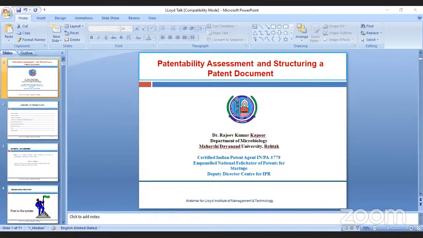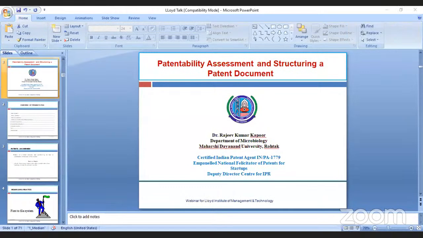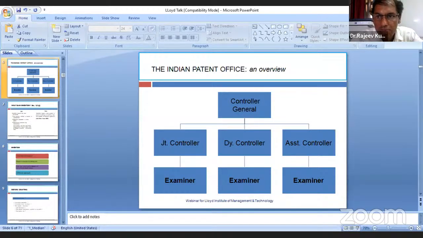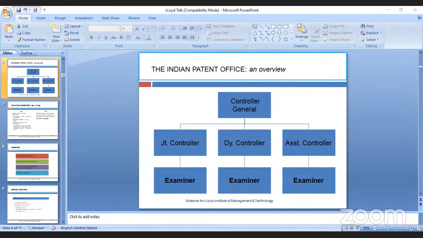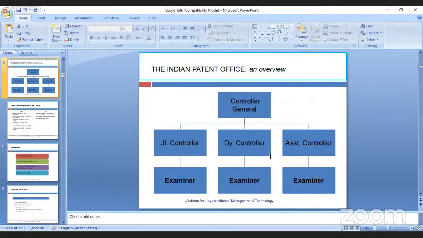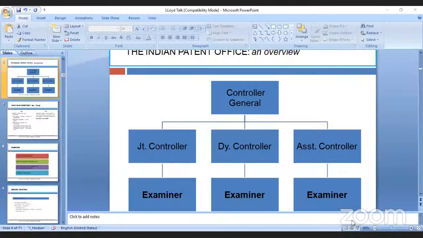Sorry to interrupt, sir, could you maximize your screen for the PPTs? Here it is maximized at my end. Let me check again. No, sir, still the same problem.